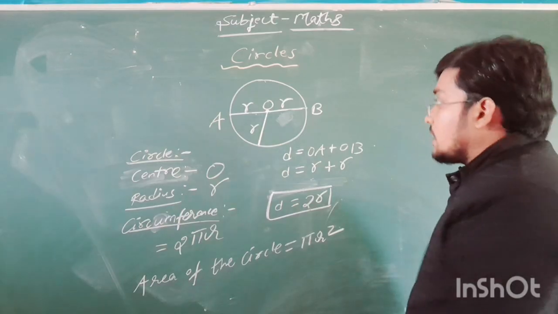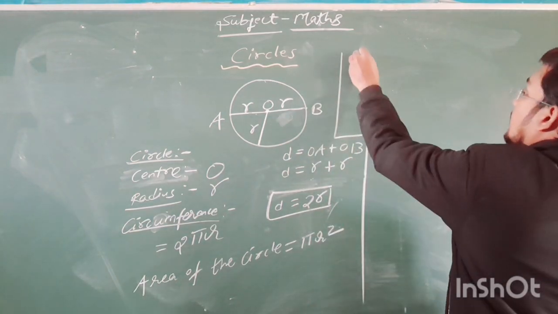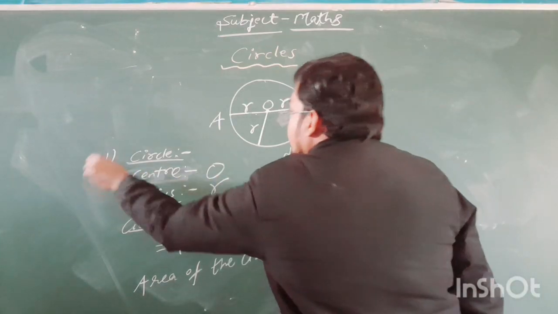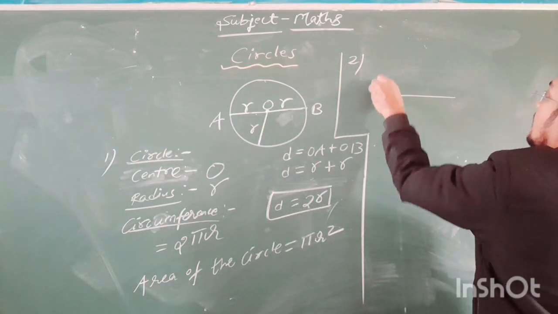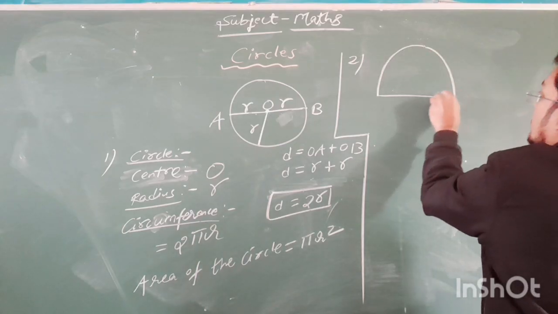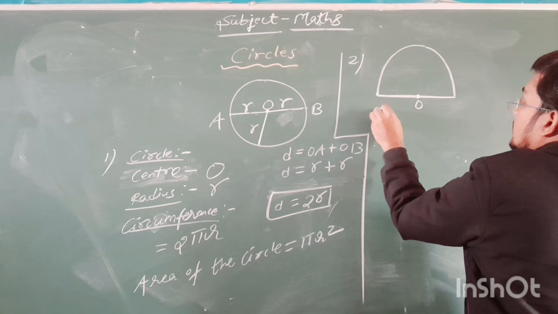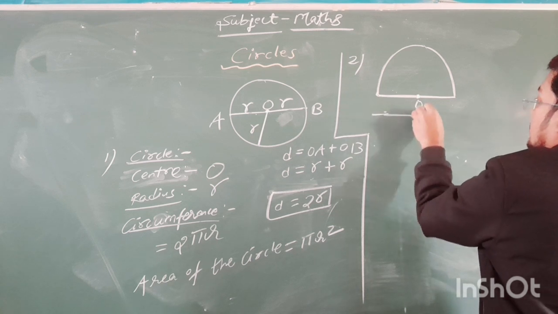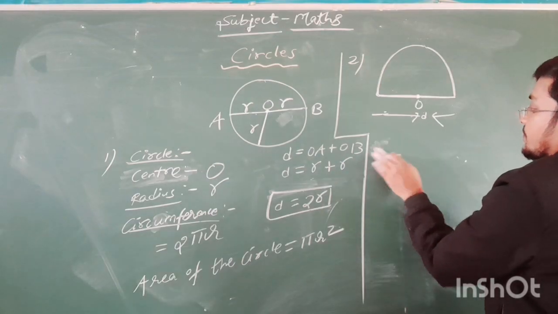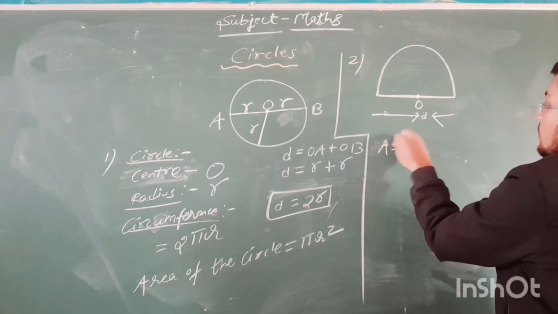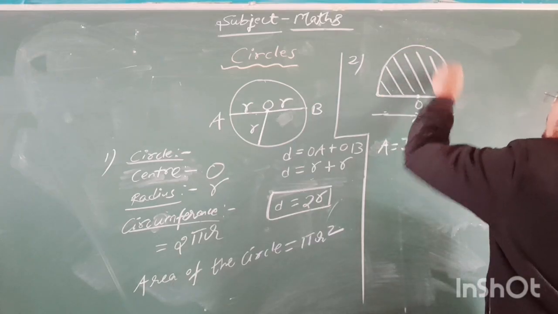Area of the circle is equal to pi R square, and area of semicircle is equal to pi R square by 2.